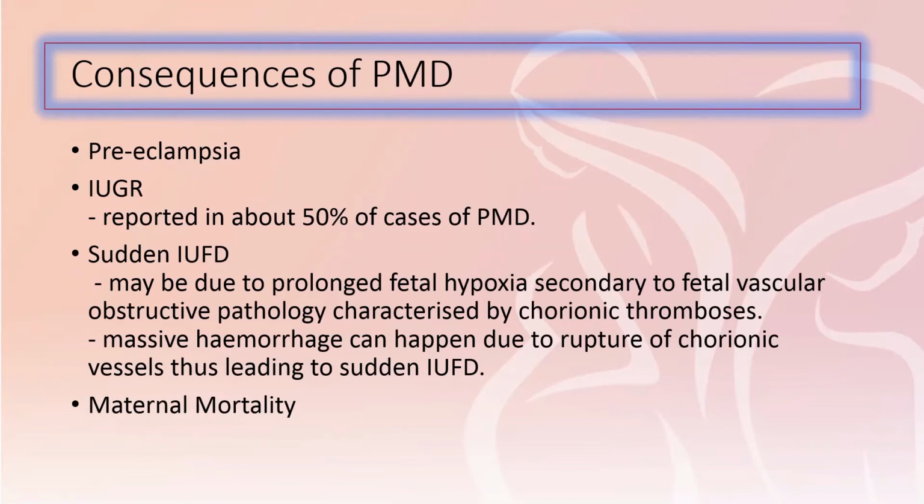The fetus can also have sudden death and result in a sudden IUFD due to prolonged hypoxia, secondary to fetal vascular obstructive pathology, which is characterized by chorionic thrombosis. Massive hemorrhage can also happen due to rupture of chorionic vessels, thus leading to sudden IUFD. Internal hemorrhage can also lead to maternal mortality and morbidity.